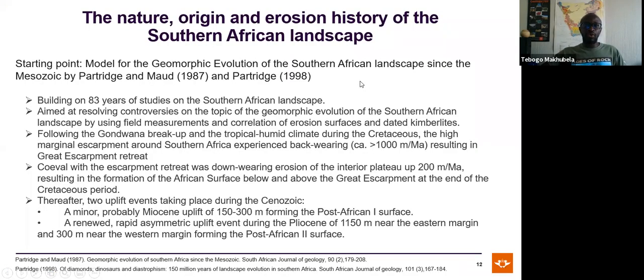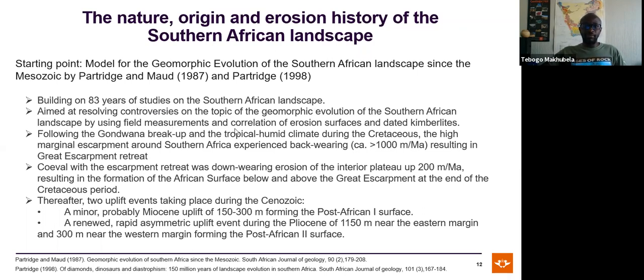The starting point, if we want to discuss the nature, origin, as well as the erosion history of the Southern African landscape, is the model for the geomorphic evolution of Southern Africa, presented by Partridge and Maud, as well as Partridge in 1998. So this model is based on about 83 years of studies on the Southern African landscape, and they were aiming to resolve the controversies on this topic in all these studies.